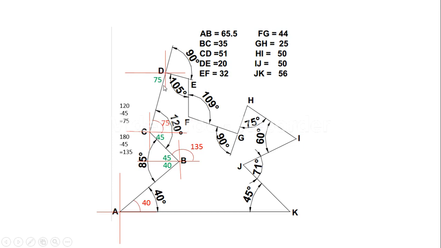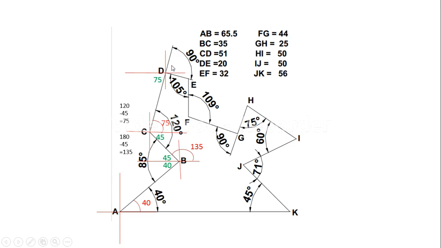Now I need this angle. How much will it be? According to similarity 3, the vertical angles are always equal. So if this is 75, the angle between this red line and this black line will be how much?